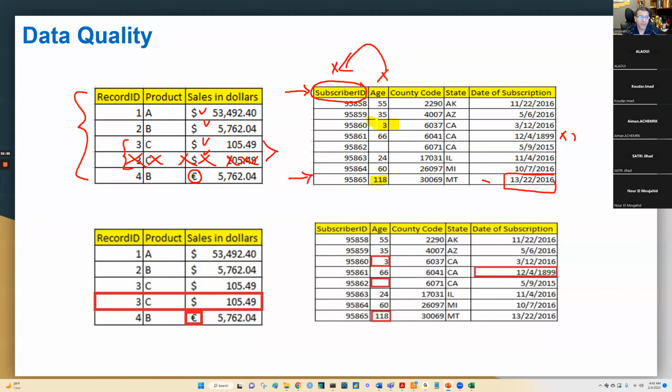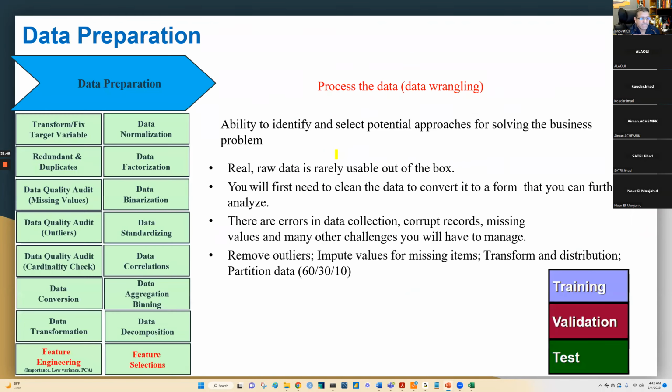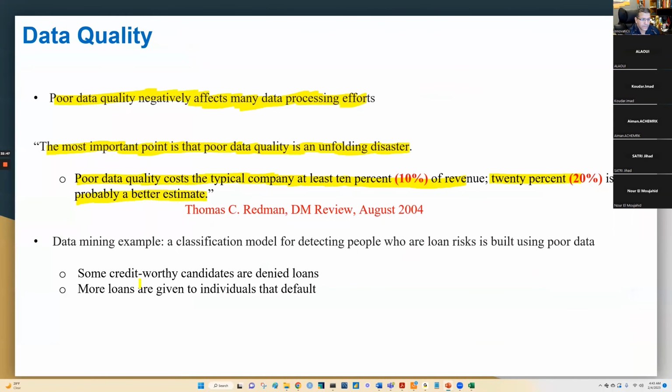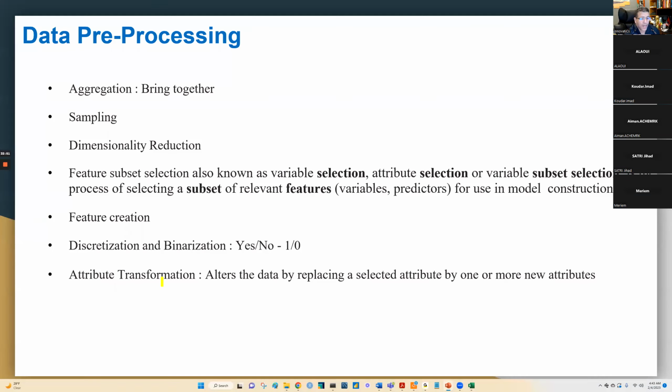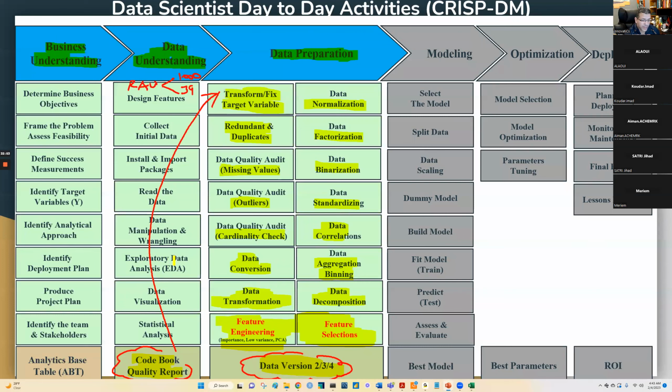I need the data science name for that step, for that process, for that technique. Min or max? I need the name. It's called exploratory data analysis.